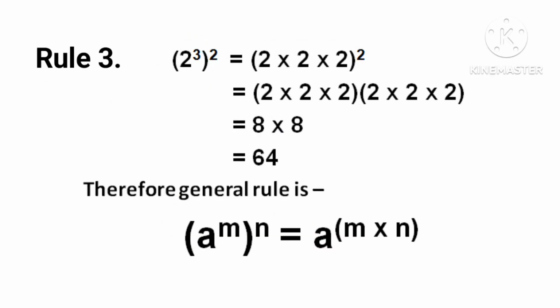Similarly, if 2 raised to 3 is raised to 2, it means that 2 is multiplied 3 times, and this product is multiplied 2 times. That is 2 is multiplied 6 times, therefore it is equal to 2 raised to 6. This can be generalized as a raised to m, raised to n, is equal to a raised to m multiplied by n.